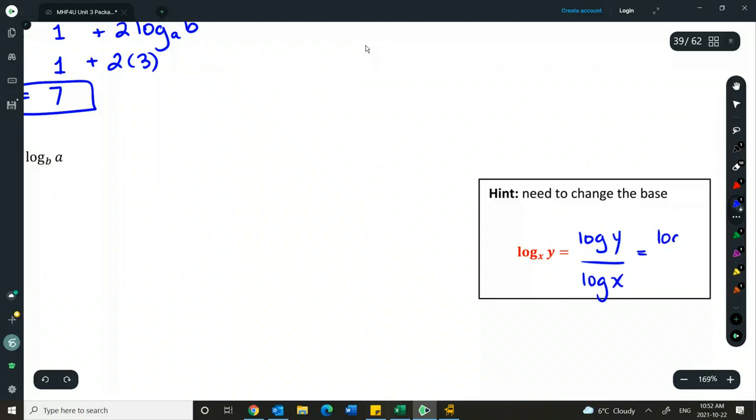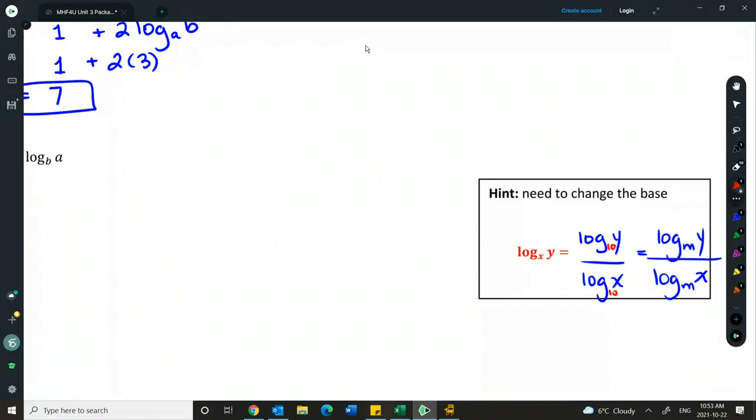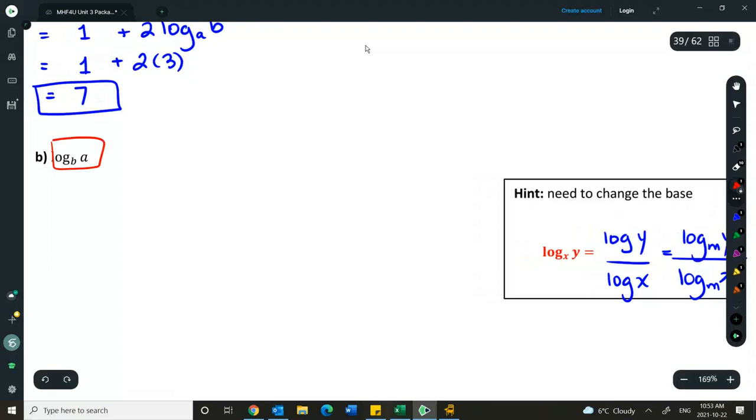But I can also choose any base I want. So I can choose any base m, as long as those bases that I choose are the same. When we do log of y over log of x, I'm really choosing the base of 10. But I could choose whatever base I wanted. So are there any ideas for how we could use change of base to our benefit here?